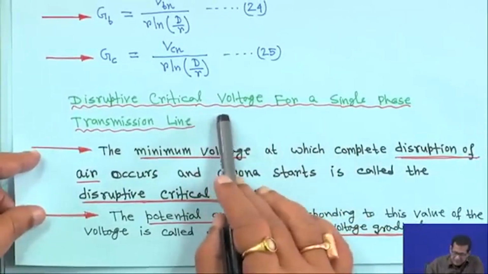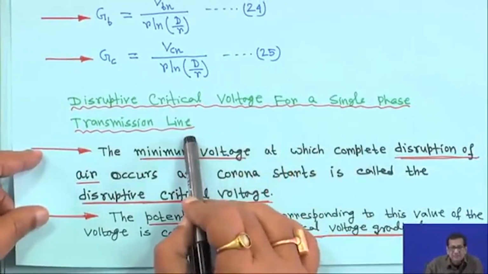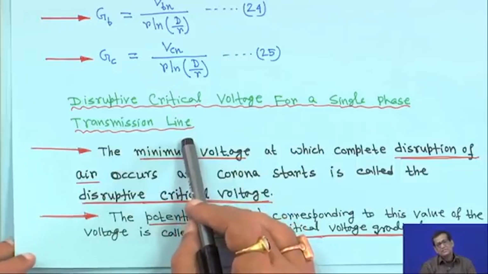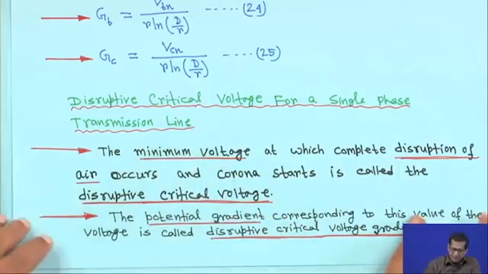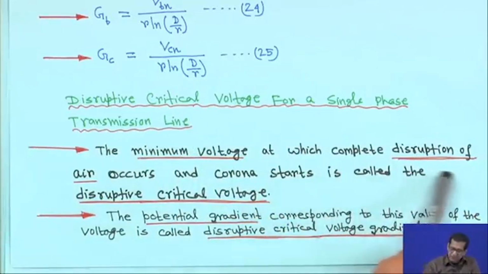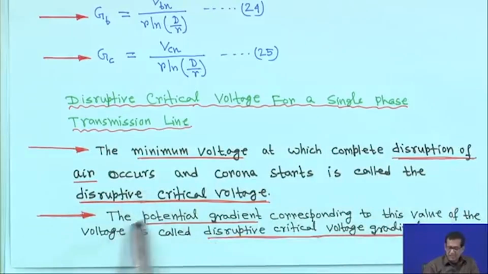Next is disruptive critical voltage for a single phase transmission line. First we will consider single phase, then we will move over to 3 phase. The minimum voltage at which complete disruption of air occurs and corona starts is called the disruptive critical voltage. That is the minimum voltage required for complete disruption of the air surrounding the conductor.